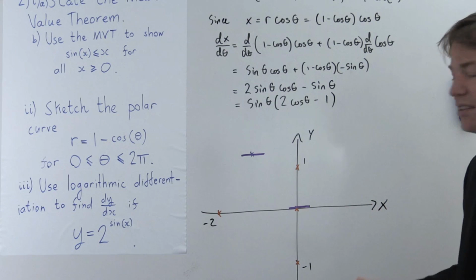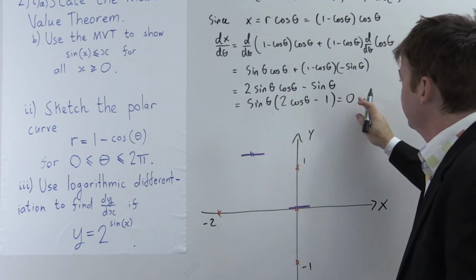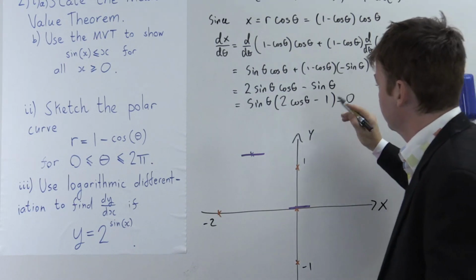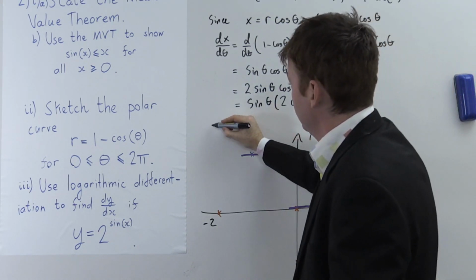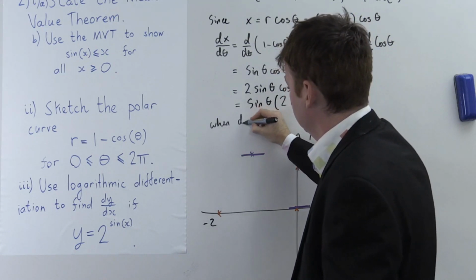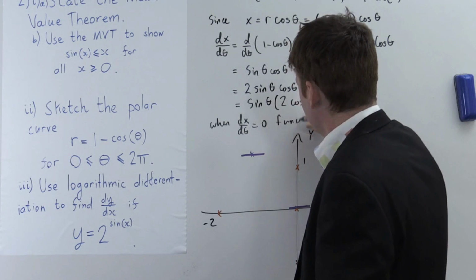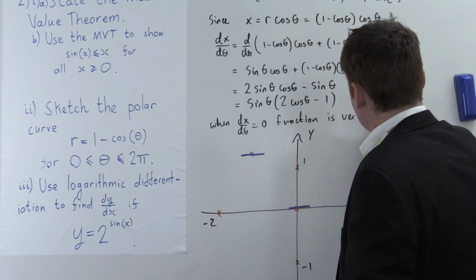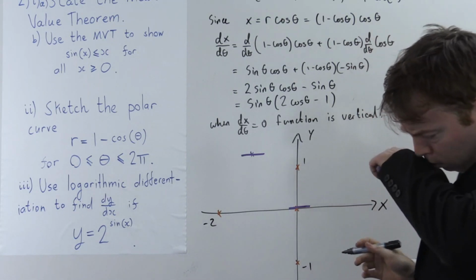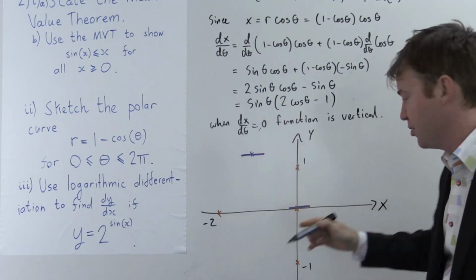So how can I make this equal 0? Well, this is equal to 0, when you've got these vertical points.